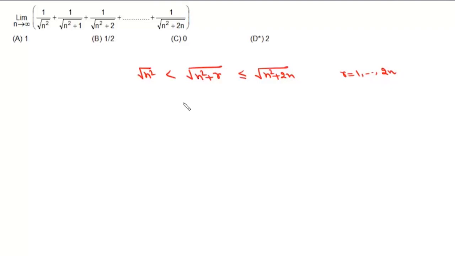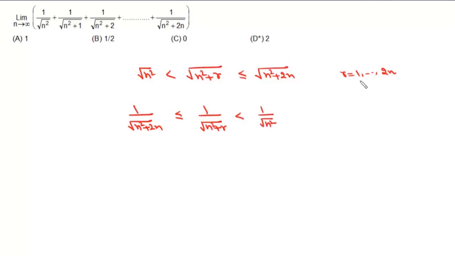Now if we take its reciprocal, then we can write 1 upon under root of n square plus 2n will be less than or equal to 1 upon under root of n square plus r, and will be less than 1 upon under root of n square.